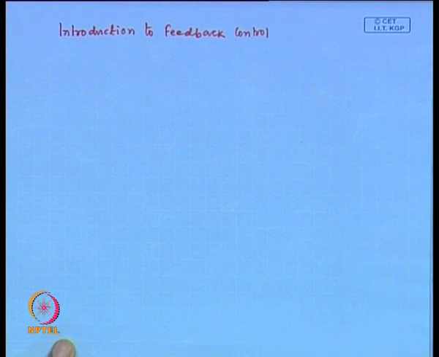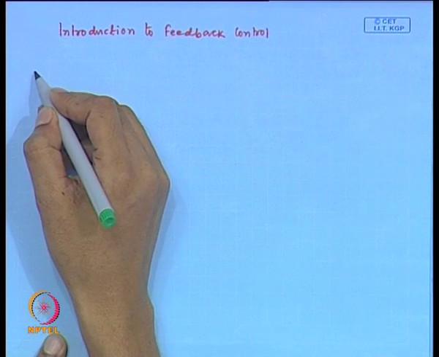Fine. Now, before discussing the different feedback control schemes, we will develop the block diagram of a closed loop system.